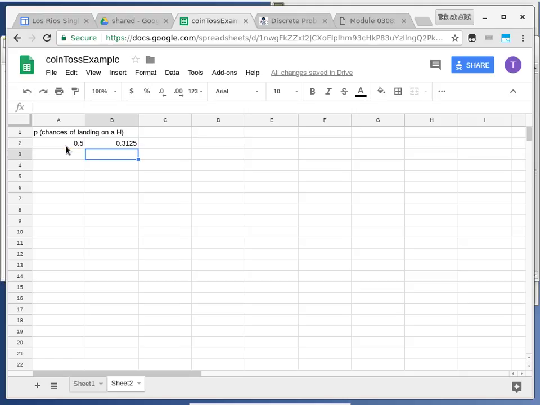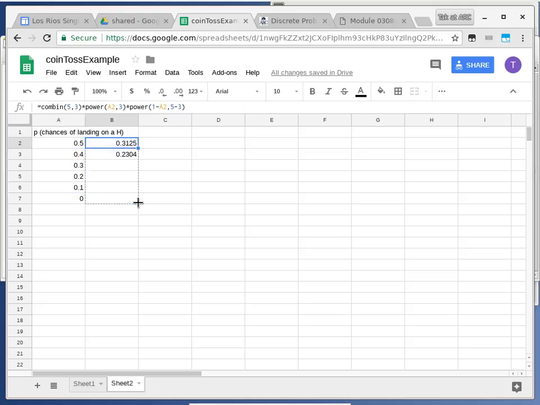Okay, I shrunk the column a little bit too much. That's why we lost the 5. So now the question is, what if it is 0.4? Okay, what if it's 0.3? Okay, let's see if the spreadsheet is smart enough to figure out the step of this copy. Yep, it does. We can go down to 0.